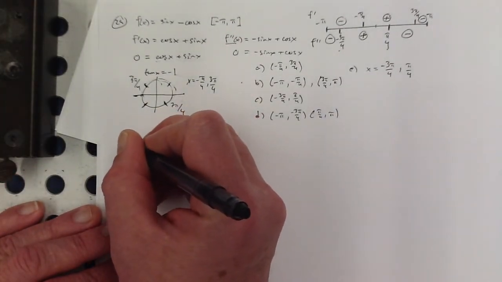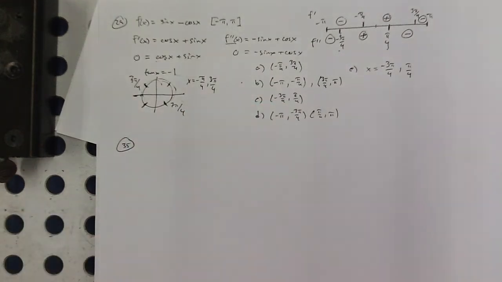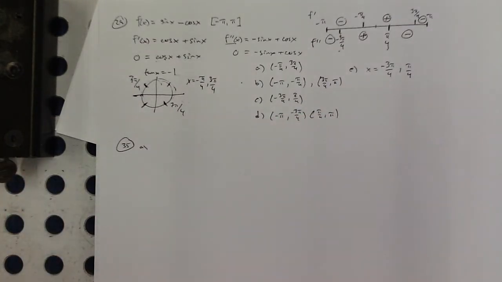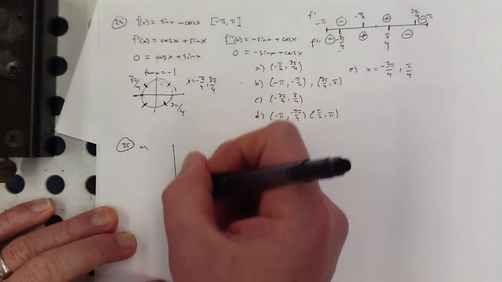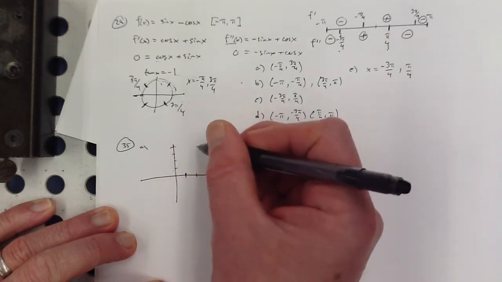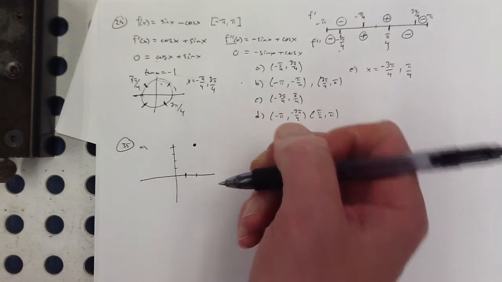And the last one is 35. In each part, sketch a continuous curve with the stated properties. So for part A, I got f of 2 equals 4. That's a point.